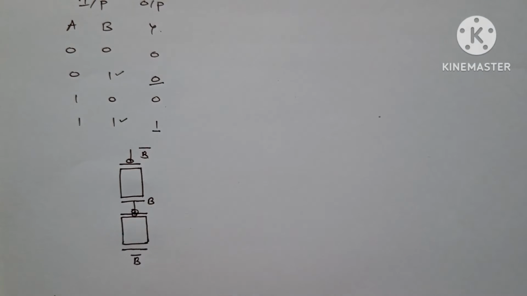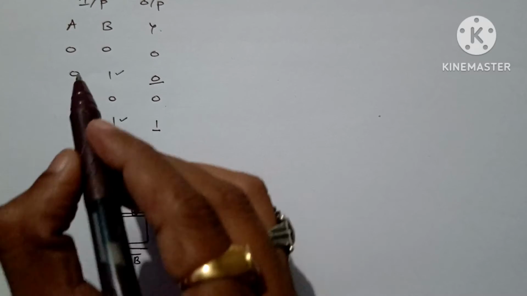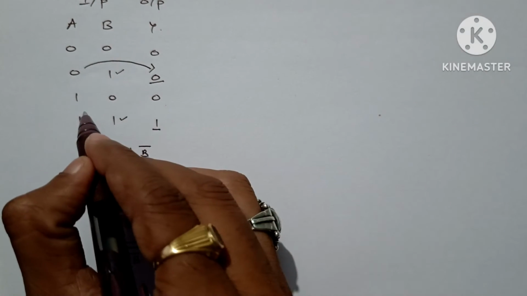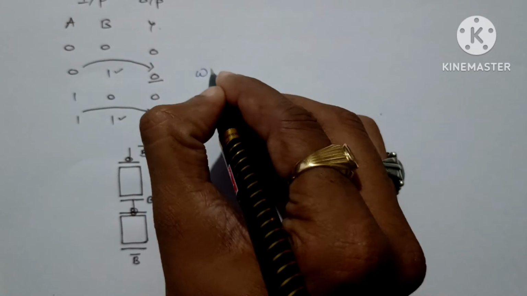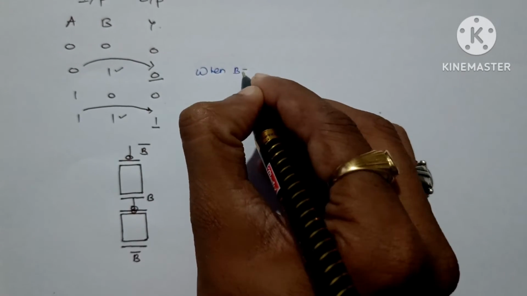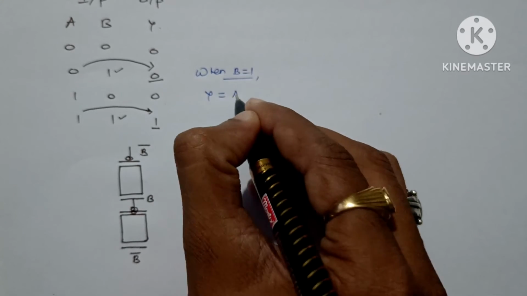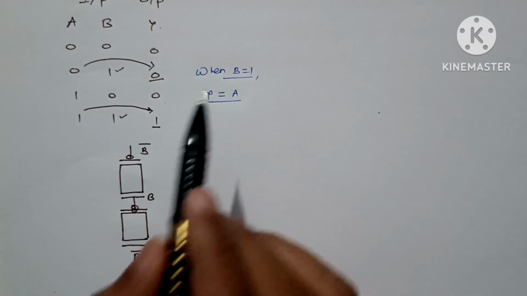Where do the 0 and 1 come from? Let's look at A. Here if A is 0, our output is 0, and if A is 1, the output is 1. So we can derive one condition from this: when control input B is equal to 1, output Y will be equal to A. If A is 0, we'll get 0. If it is 1, we'll get 1.